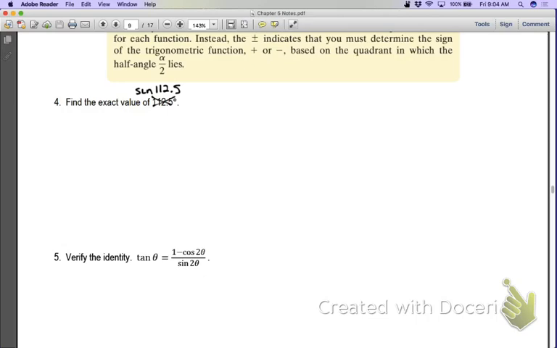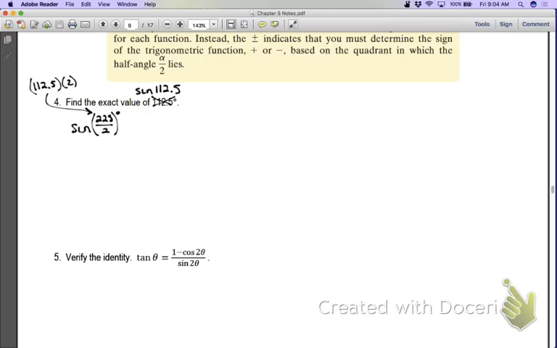If 112.5 is the half angle, what's the full angle? 225. So it's really sine of 225 divided by 2 degrees. How did I get the 225? I took 112.5 and multiplied it by 2. That's where the 225 over 2 came from.